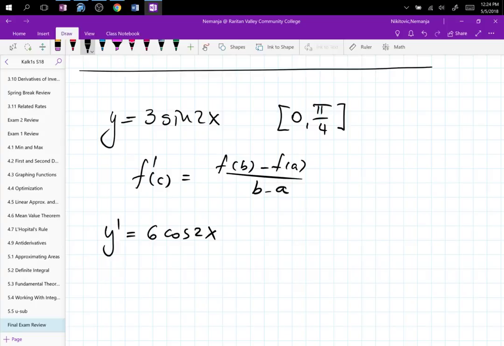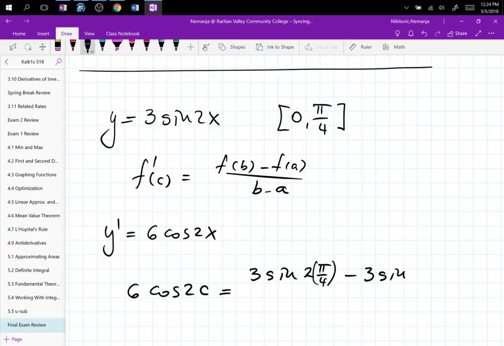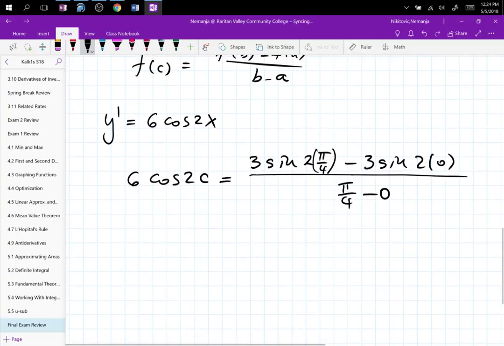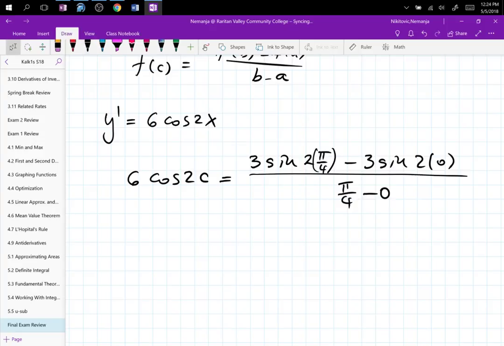So now to put everything together, 6 cosine 2c is equal to 3 sine 2 times pi over 4 minus 3 sine 2 times 0 divided by pi over 4 minus 0. As you can see, the only unknown variable here is c. So we just need to solve for c and we are done.